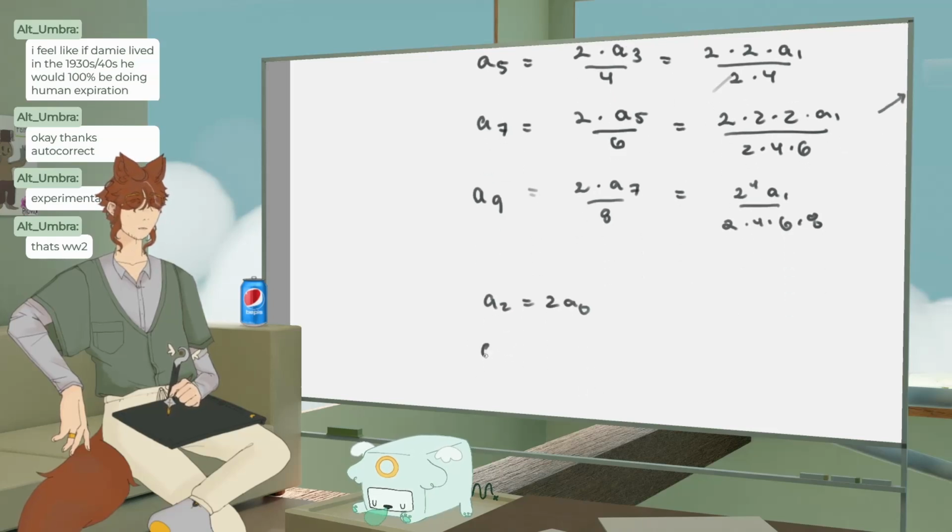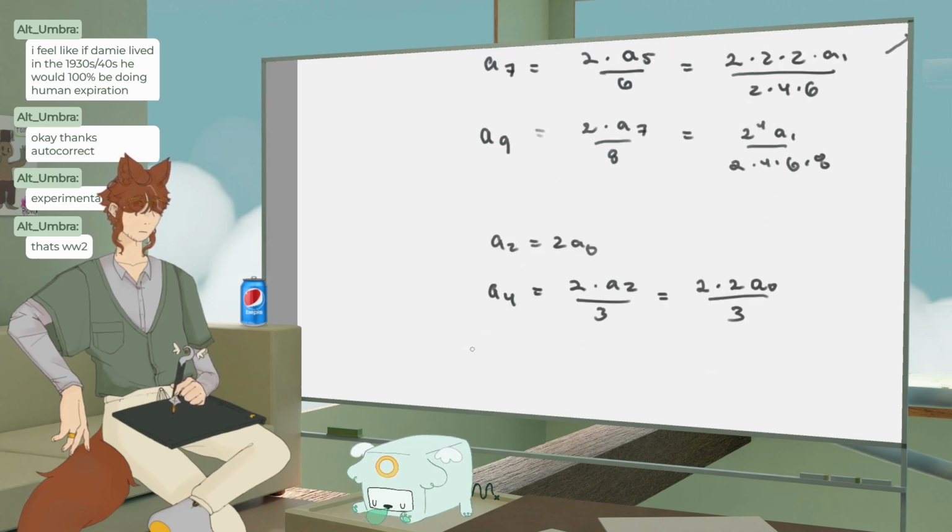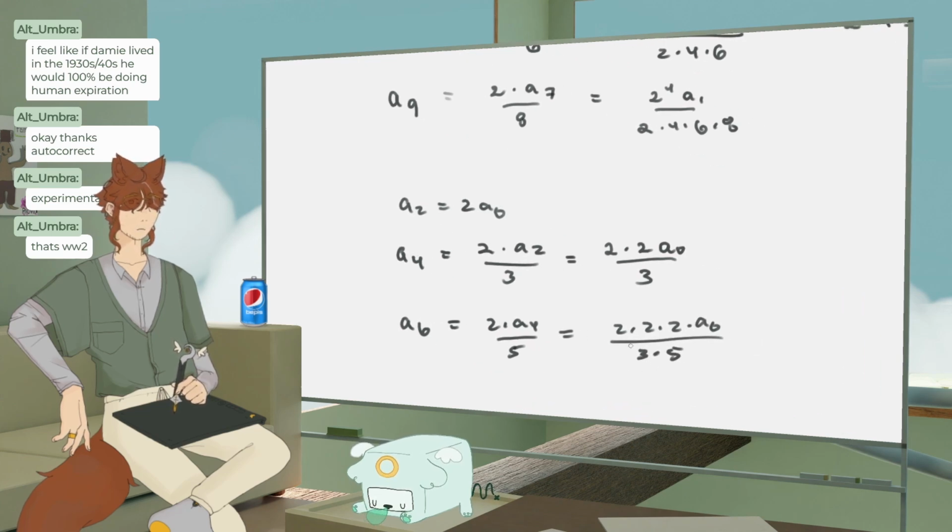So 2 times a2 over 3 equals 2 times 2 a0 over 3. Then 2 times a4 over 5. Yeah, we can kind of see where this is going.